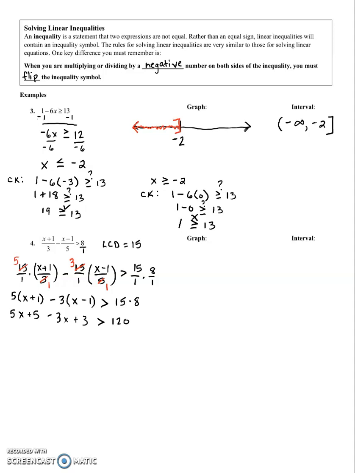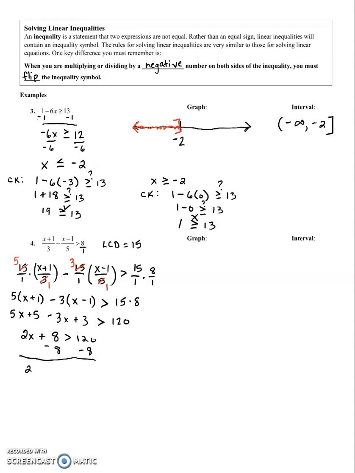So combine like terms on the left-hand side. We have 5x and 3x. That gives us 2x since the 3x is subtracted. And we have 5 plus 3, so plus 8 is greater than 120. Now we subtract 8 from both sides.